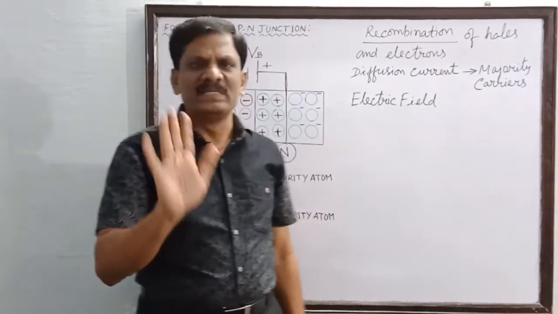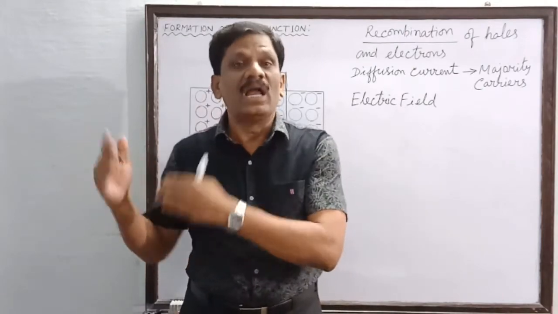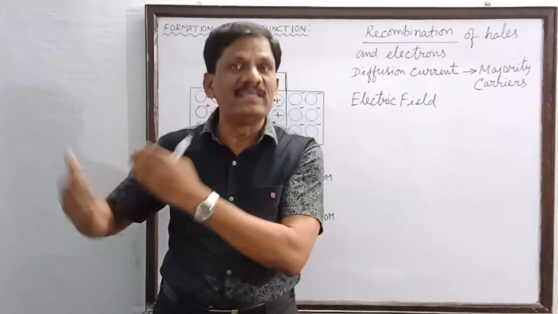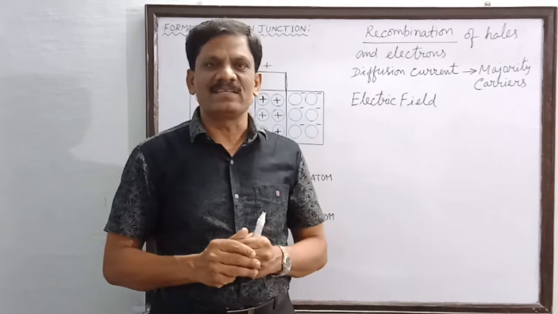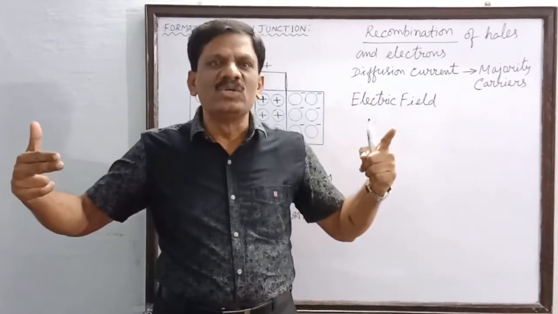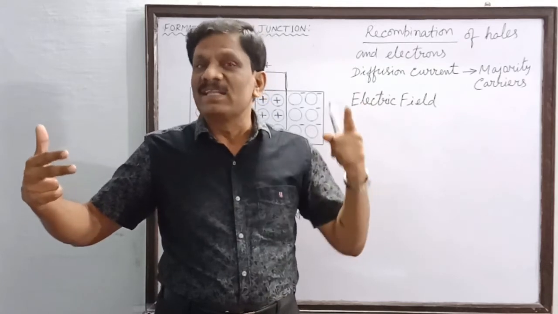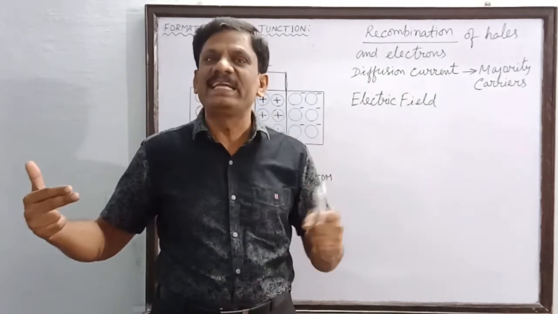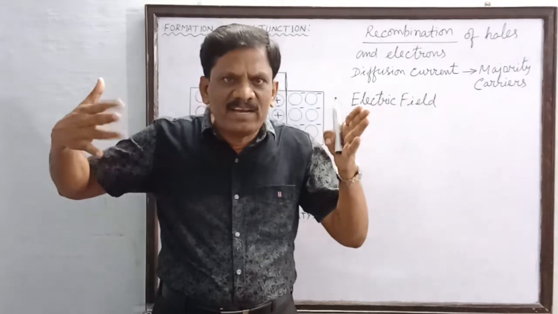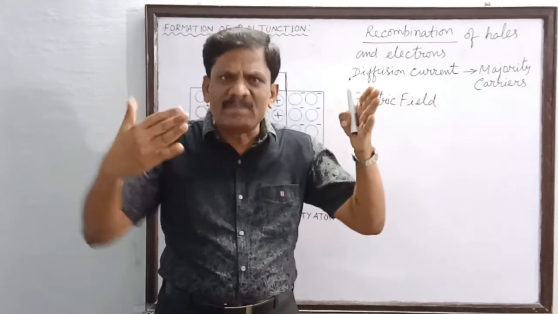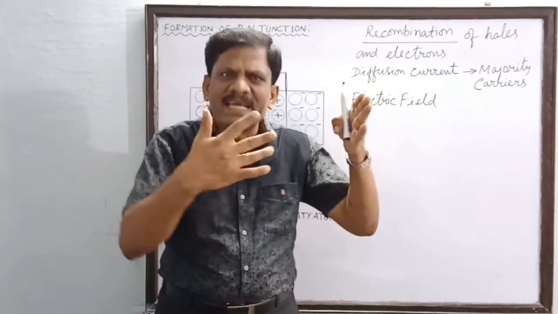See, holes are the majority charge carriers in the p region. Along with them, who are present as minority charge carriers? The free electrons. These electrons are attracted towards the n side of the junction where there is a positive potential of the electric field. So the electric field will pull the electrons from the p region into the n region.